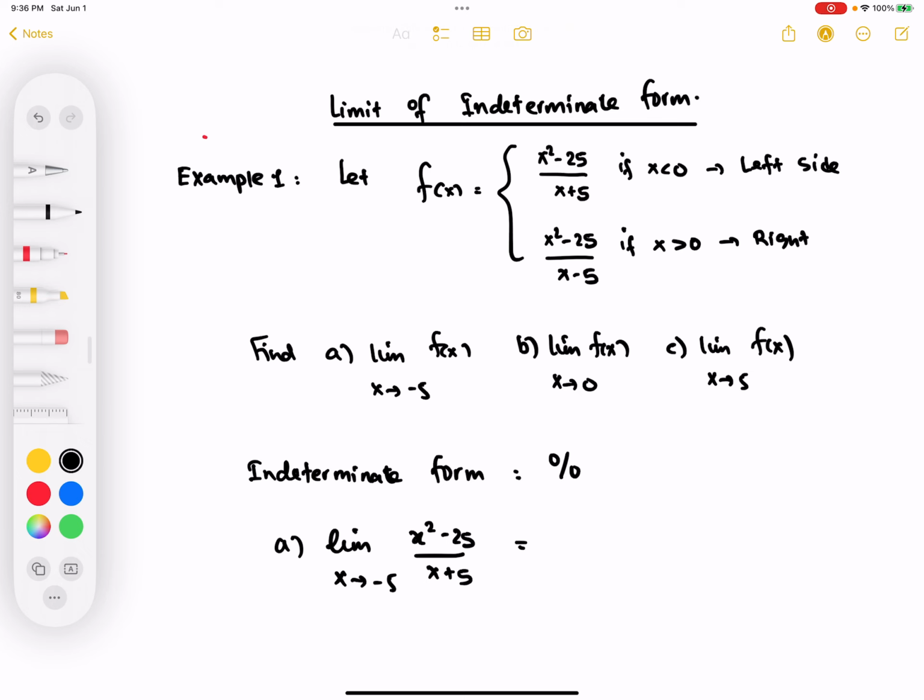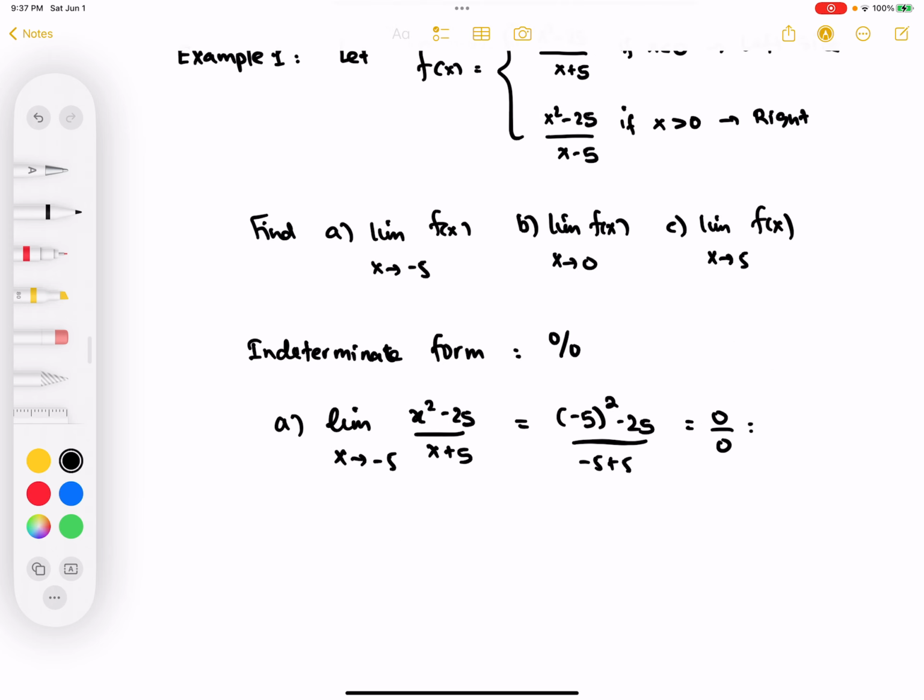Now, under direct substitution, negative 5 squared minus 25, and the bottom is negative 5 plus 5. Do you see the top one is 0, the bottom one is 0. So in that case, we call it indeterminate form.